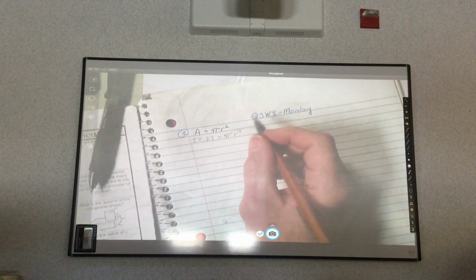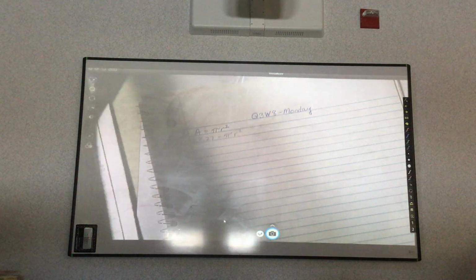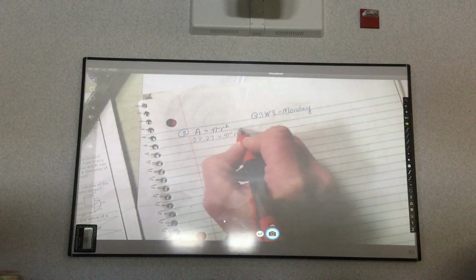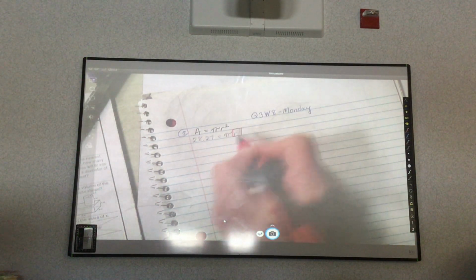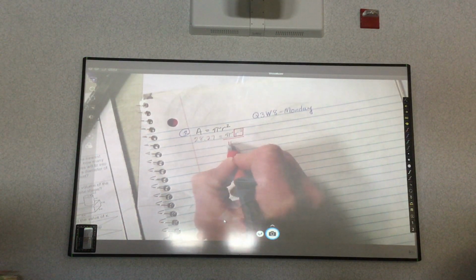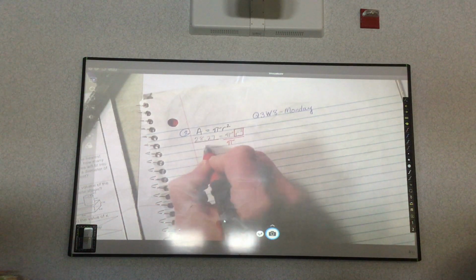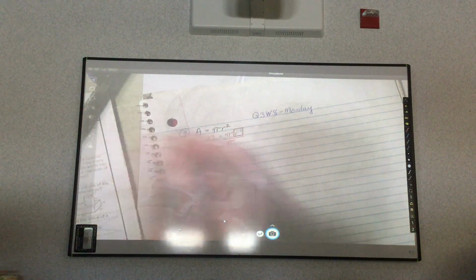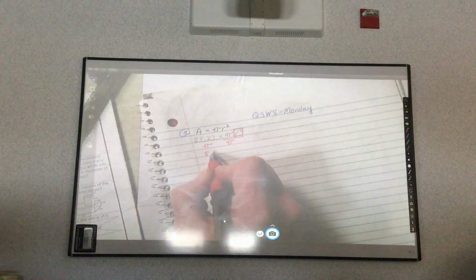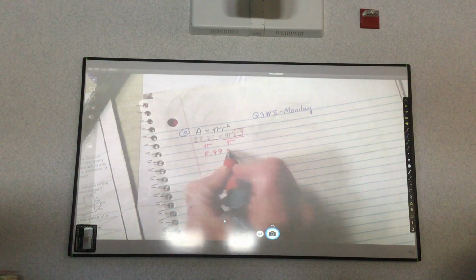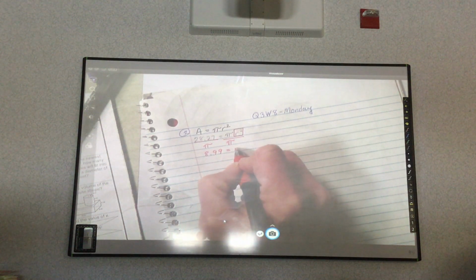So then my next step is to box up my radius squared and divide by pi, divide by pi. When I divide this side by pi, I get 8.99 equals my radius squared.